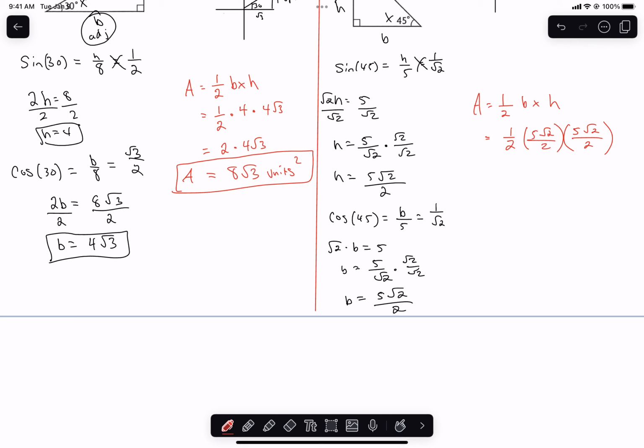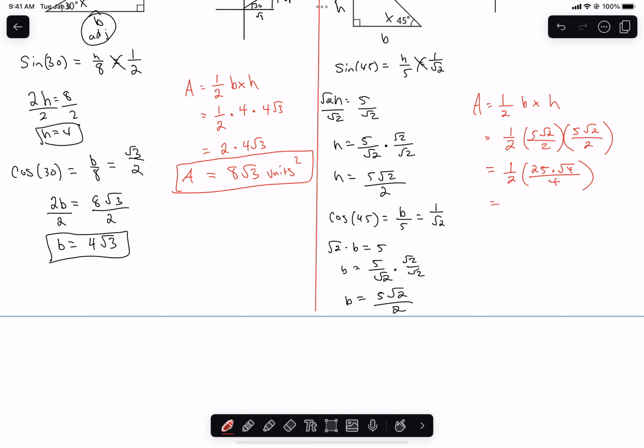And so I'm going to get 25 times 2, right? So 1/2. In the numerator, I'm going to get 25. I'll take a couple steps here just so everybody's clear. Times the square root of 4 divided by 4.